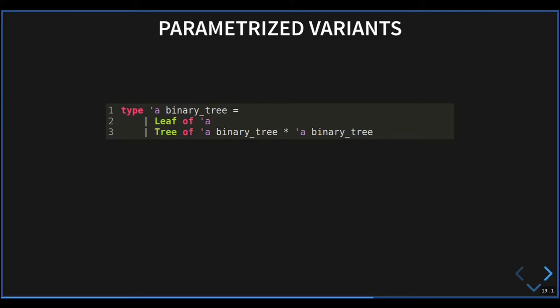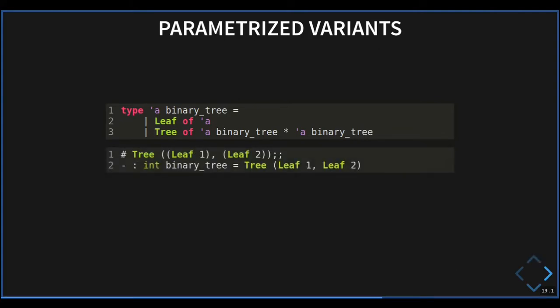So we can actually call it in the same way like we called the previous tree, and we see that the type inferred by the OCaml compiler is int binary tree, which means that this apostrophe a will be an integer, so leaves will hold an integer value.